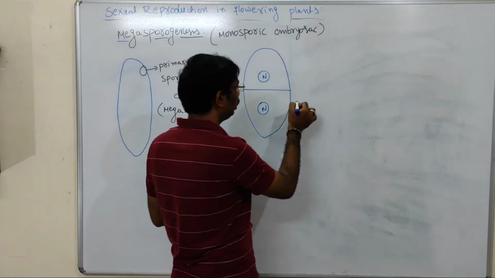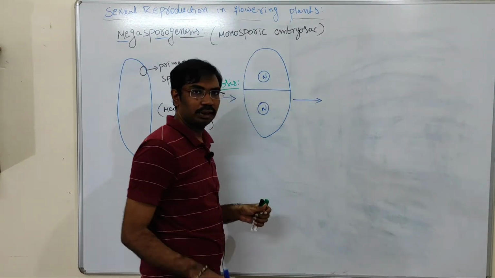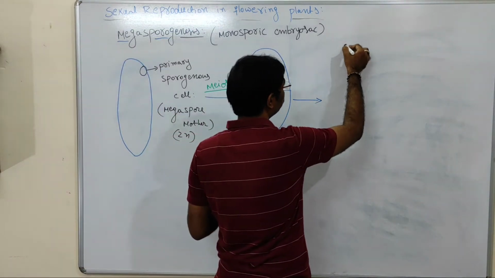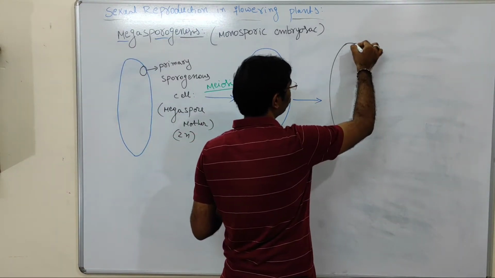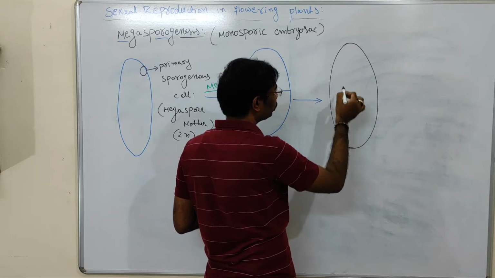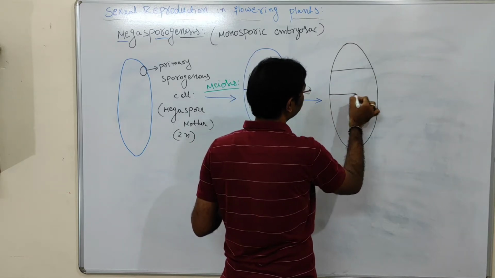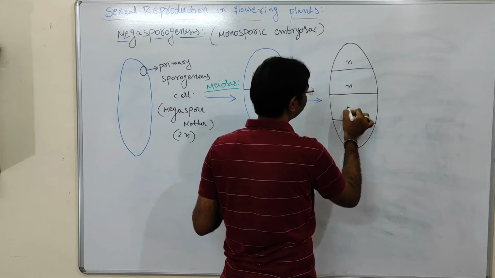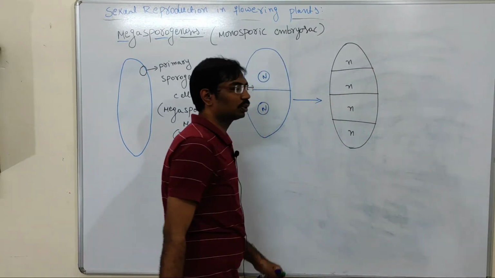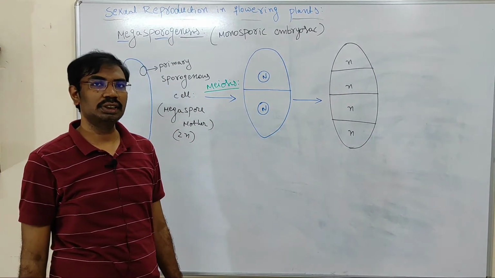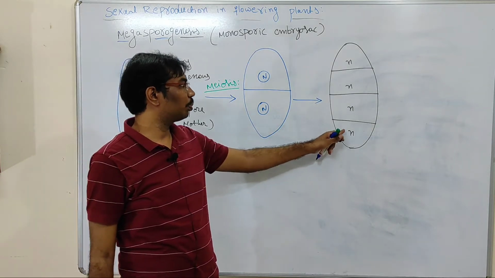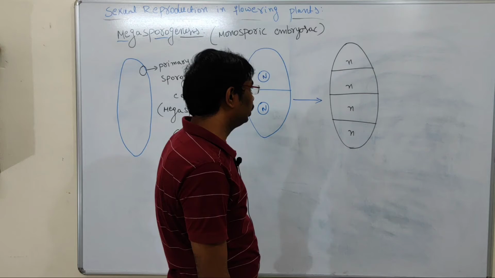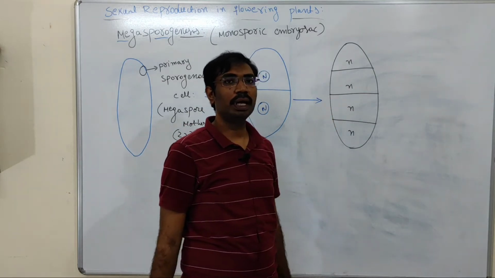Again, it undergoes meiosis 2. By the process of meiosis 2, it produces totally 4 cells. 4 haploid cells are produced, and the 4 haploid cells are called megaspores.